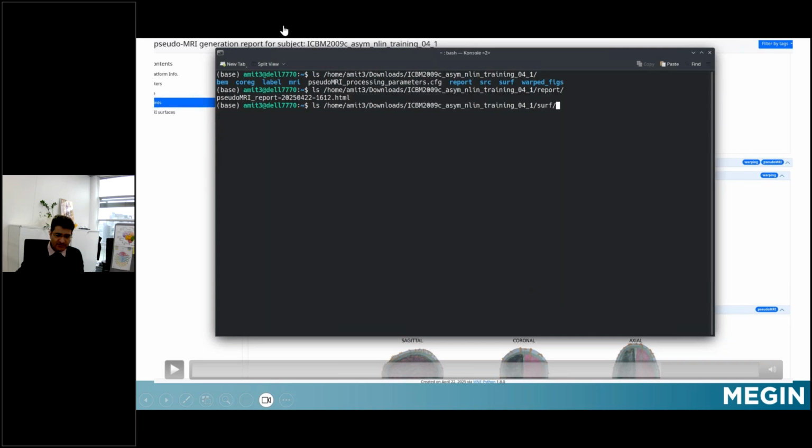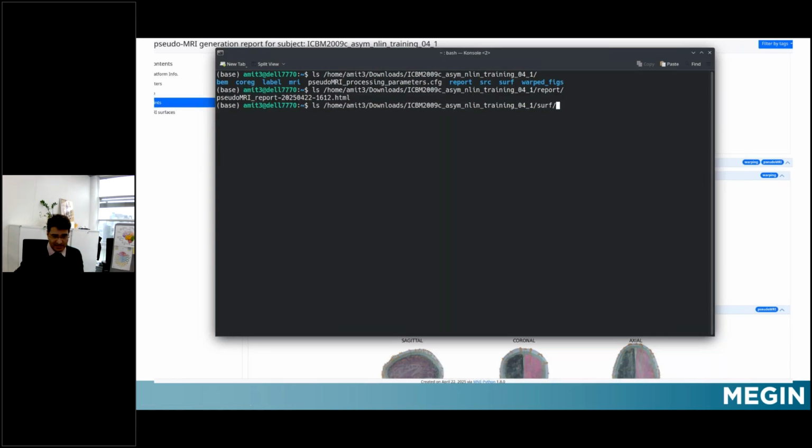Meanwhile, you can see the directory where it saves. I saved here. So these are the output files: the BEM directory and the co-registration directory. In the co-registration directory you have a trans file, which you can use further as a transformation file, the co-registration file, for your analysis.